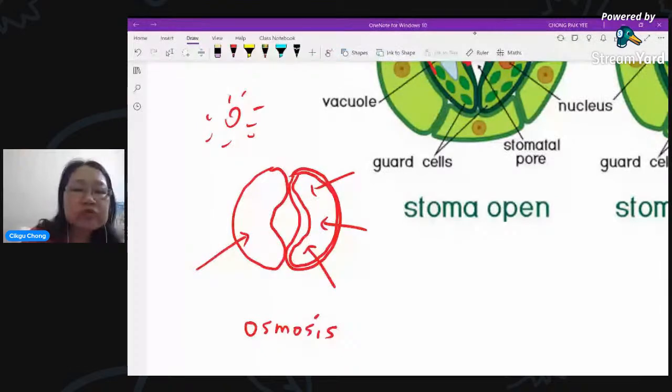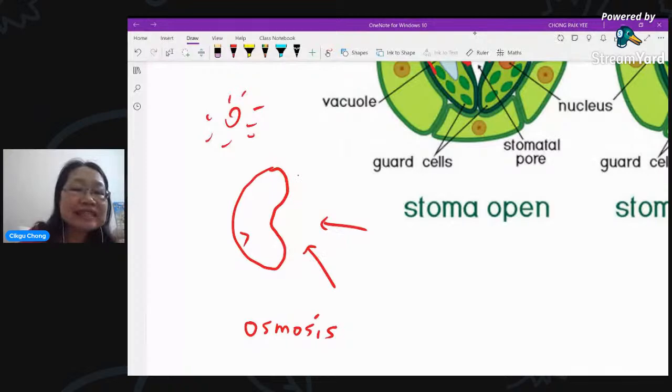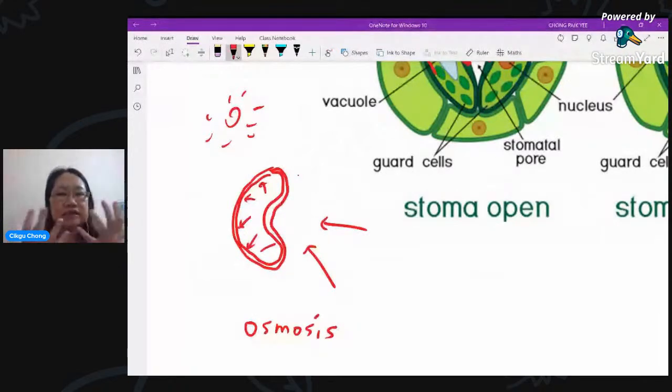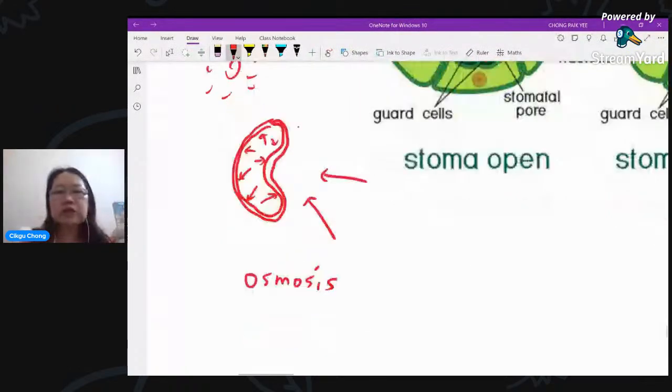It's going to push the cell wall from inside out. Here. Okay, I draw one, enough. So the water pressure is pushing, and it causes pressure. And this pressure will make the cell very, very hard. This kind of pressure is called turgor pressure, because of the water.